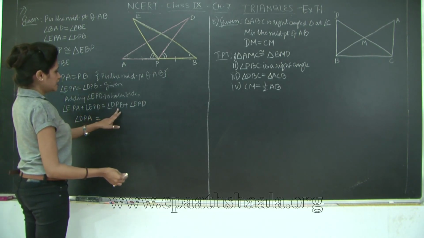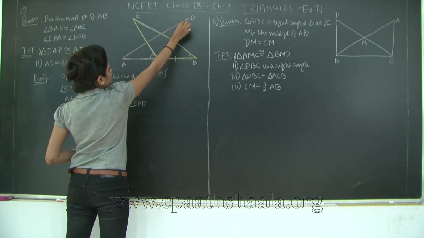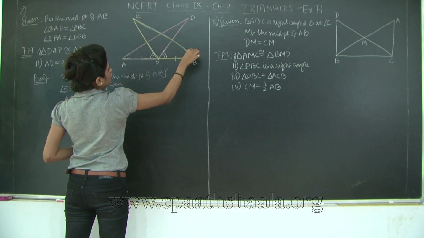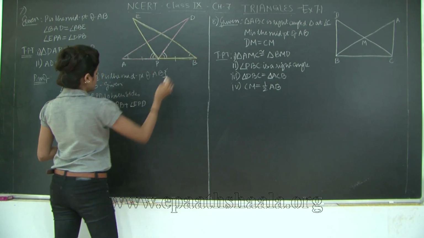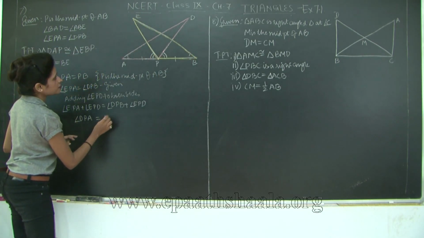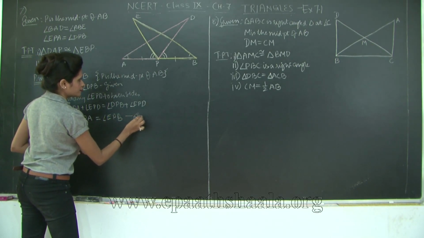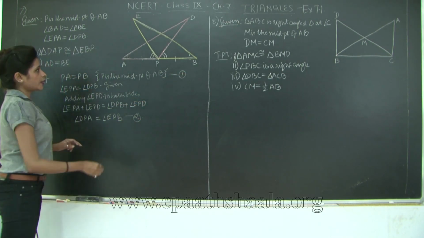And I have DPB plus EPD, which will give me EPB. And I'll mark this as 1 and this as 2, right?